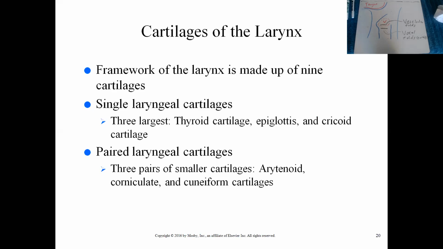But the rest of the pieces, the other 6, come in 3 pairs: a pair of arytenoid, a pair of corniculate, and a pair we didn't look at because we couldn't see them, cuneiform. The cuneiform cartilages are kind of hidden. You have to look inside the larynx to see them clearly, but they are part of the larynx as well.